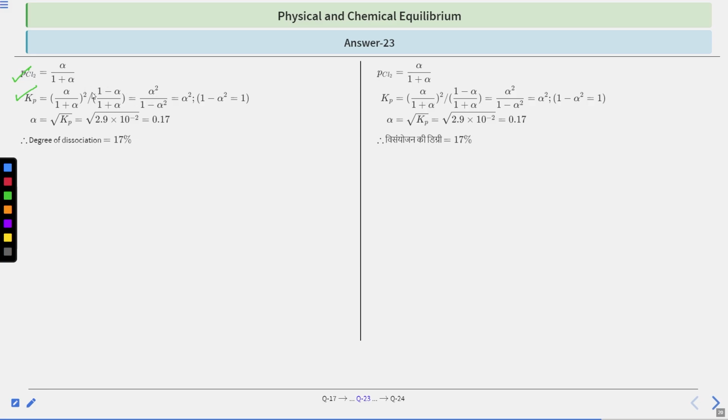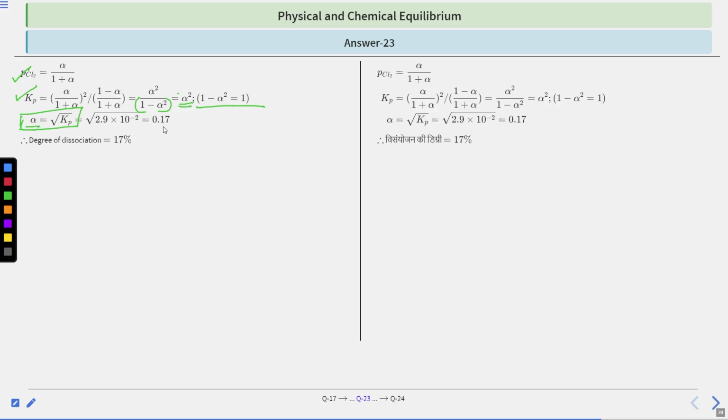On interchanging the terms and calculating, we have Kp equal to alpha square upon 1 minus alpha square. And it is given in the question that 1 minus alpha square is assumed to be 1. So the denominator will become 1, so Kp will become equal to alpha square. Now alpha will become equal to under root Kp, and we have the Kp value, so under root 2.9 into 10 to the power minus 2.